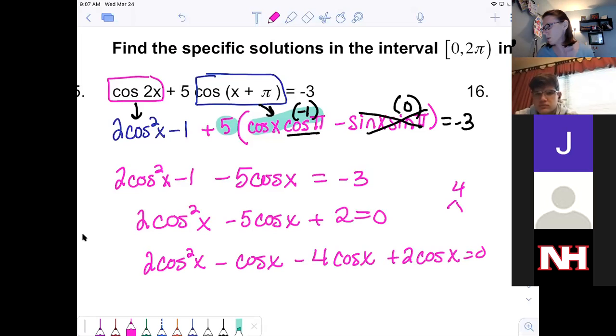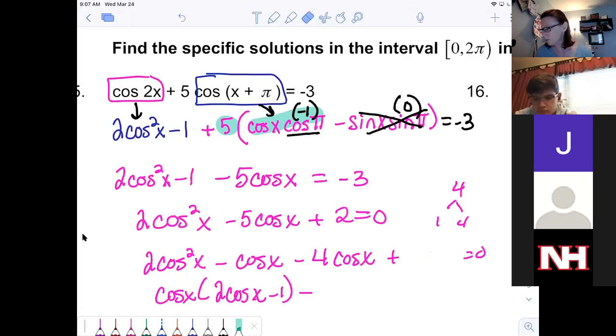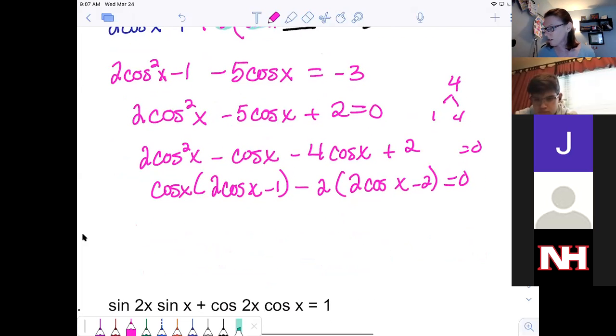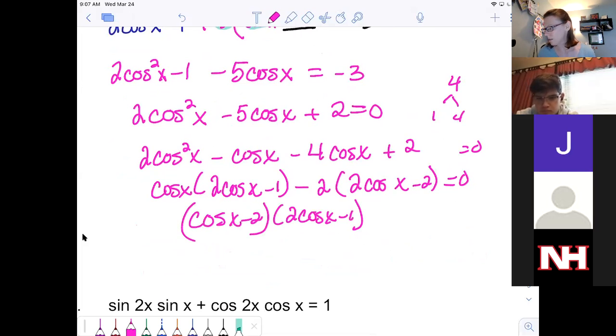We are trying to make a -5. And then I could pull out a cosine, and I can pull out a 2. So factoring: cosine minus 2, 2 cosine minus 1.